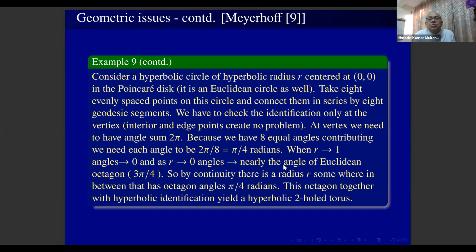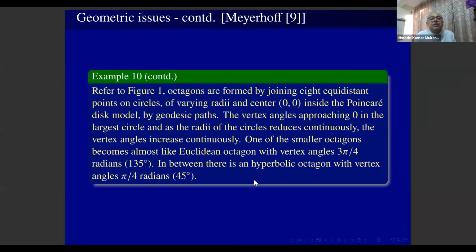And when r tends to 0, angles become large, like Euclidean angles. So by continuity on r, there is a radius r somewhere in between that has octagon angle pi by 4 radians. This octagon together with hyperbolic identification yields a hyperbolic two-hole torus.